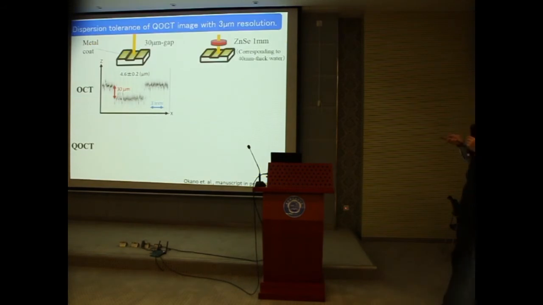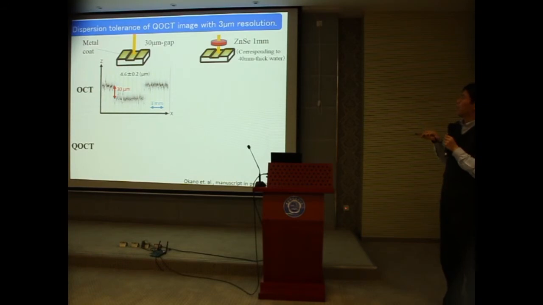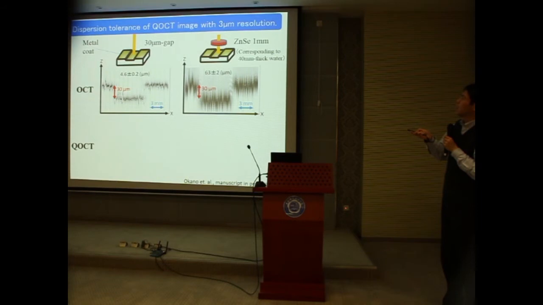And we also succeeded in getting some images using this 3 micron resolution setup. In the case of OCT, this sample image is strongly degraded. The resolution becomes, in this case, 4.6 micron, but in this case, the resolution is 63.